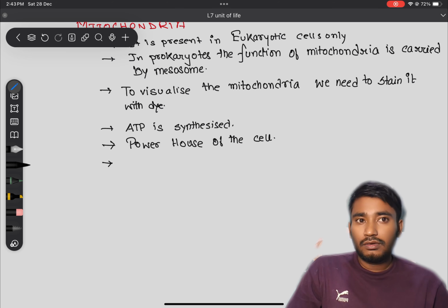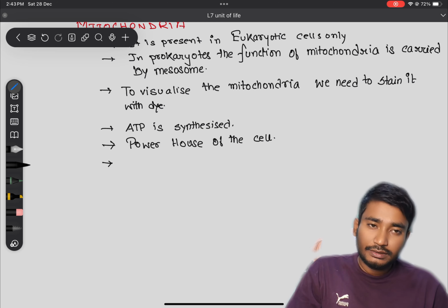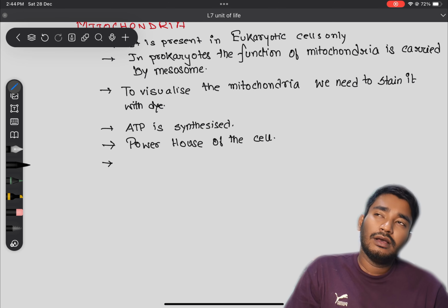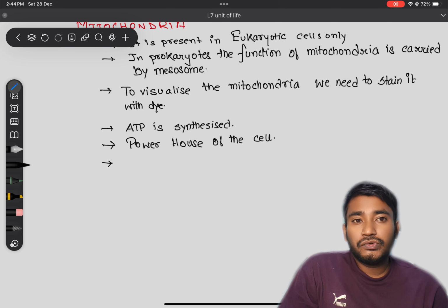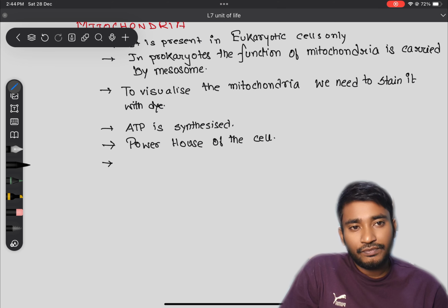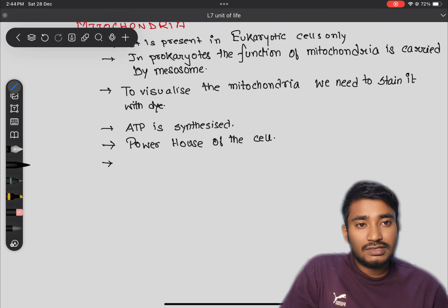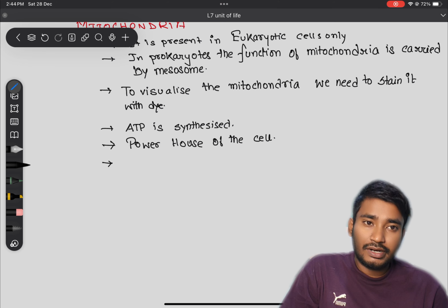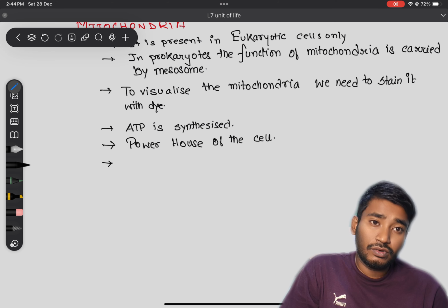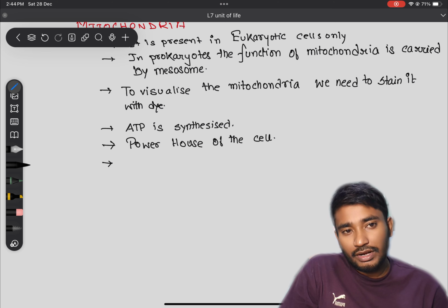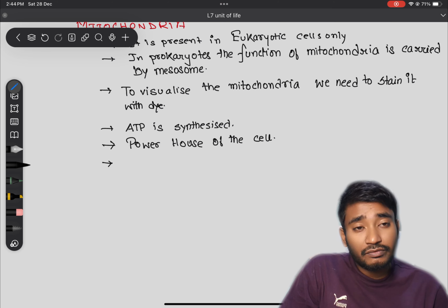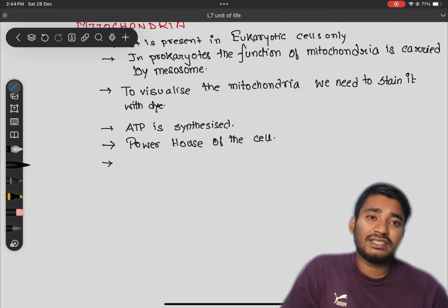So when we require more power, see in real life, we require more power when we do extensive work, or when we work vigorously. When we run, when we swim, when we do more difficult work, we need more energy. So from where is the more energy being generated in our cell?